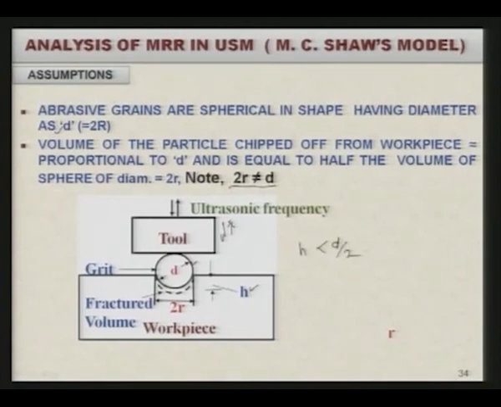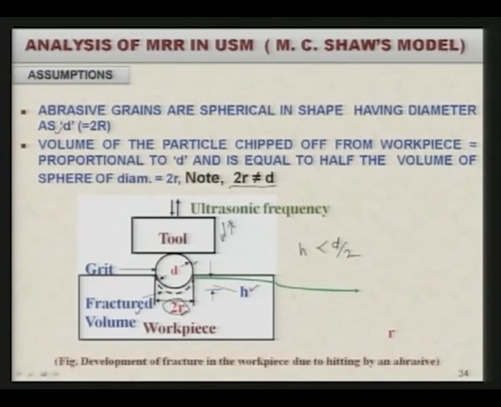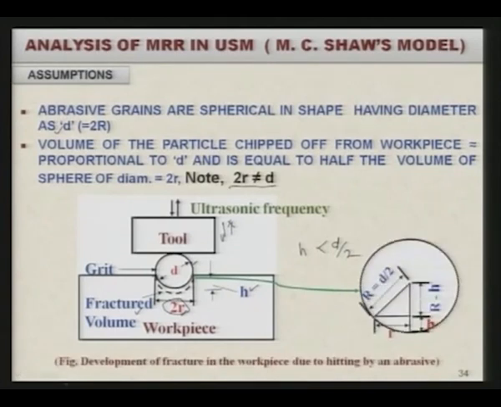Now, whatever is this width that is taken as spherical or 2r, and it is assumed that if we draw a sphere of this diameter equal to 2r, then half of that volume will give you the amount of material removed, and that is shown over here as the fractured volume. If you see the enlarged view of this, it is very clear over here.